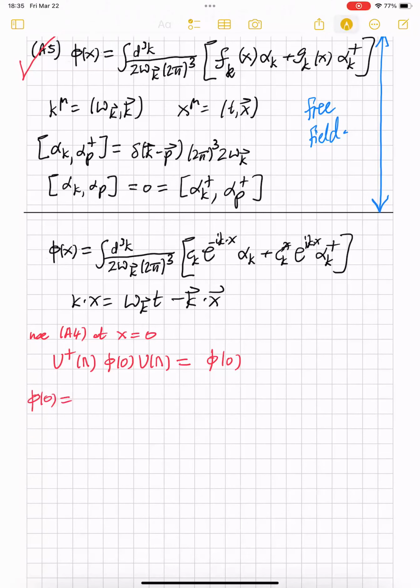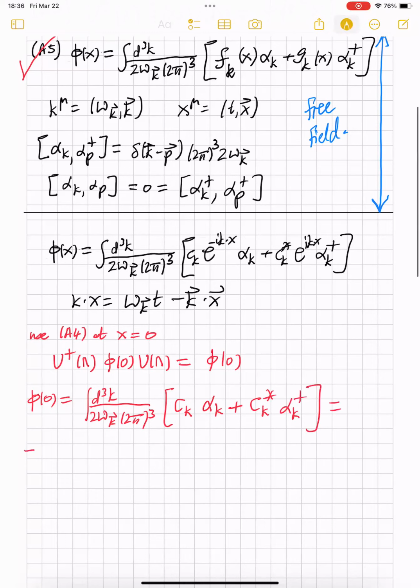I just plug in 0 everywhere for x. So we'll get d3k over 2 omega k, 2 pi cubed, then the constant ck, e to the minus ik dot x. If I plug in x as 0, that's e to the 0, which is just 1. So I'll have alpha k plus ck star and alpha k dagger. Good. And this must be equal to u dagger of lambda, phi of 0, u of lambda.